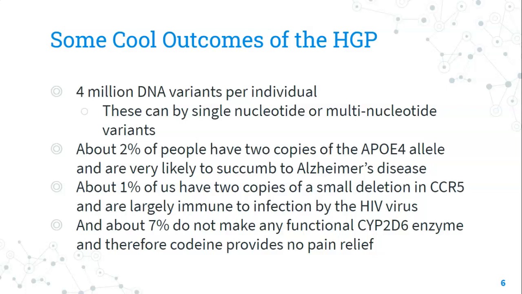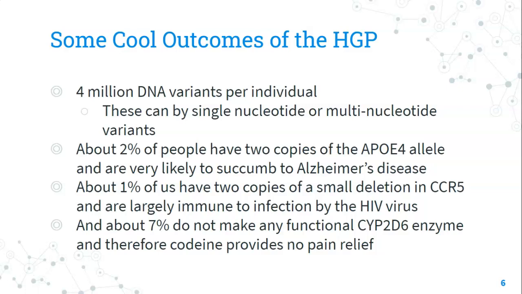A couple other cool things is after they sequenced this, they realized that about 2% of people in the world are likely to succumb to Alzheimer's disease based off of the genes that they have. About 1% of us have two copies of a small deletion in a gene, which makes you pretty much immune to HIV.